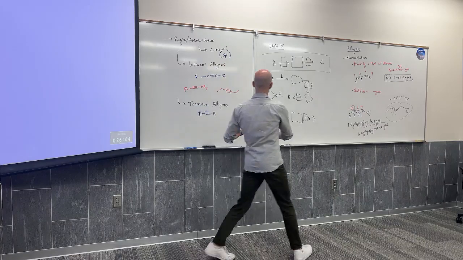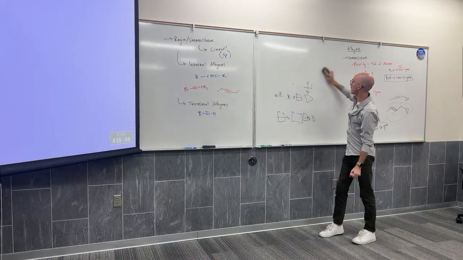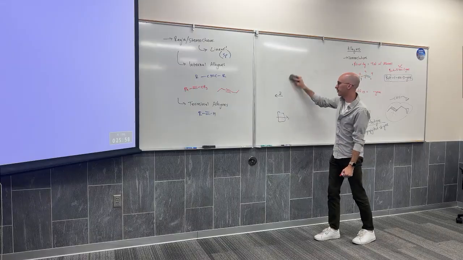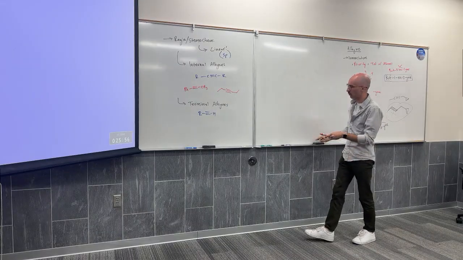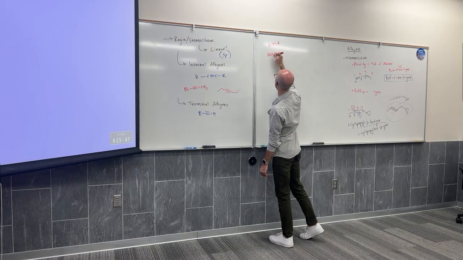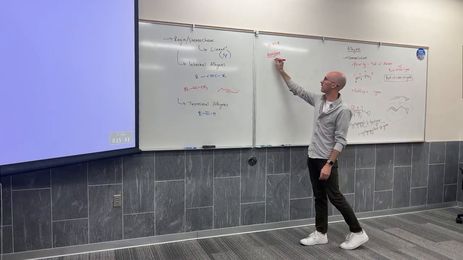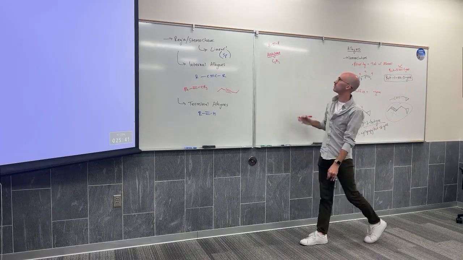There is one very important terminal alkyne that's used as a precursor in organic synthesis all the time. That is a compound called acetylene. It has the chemical formula C2H2.